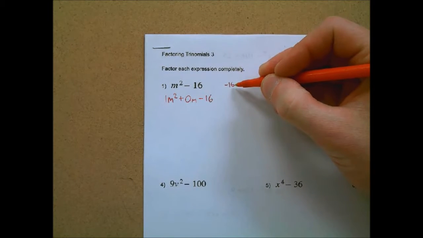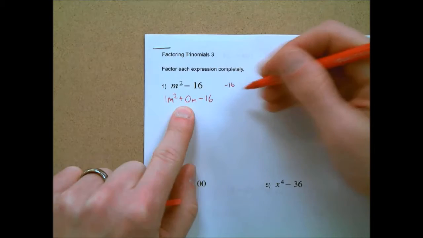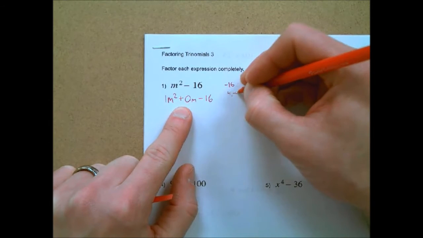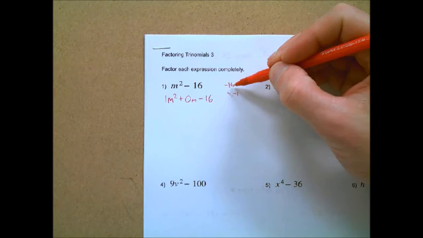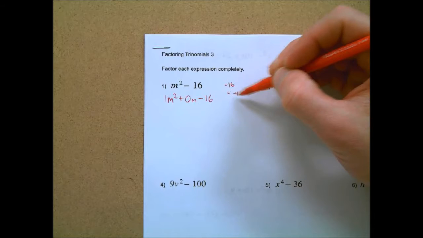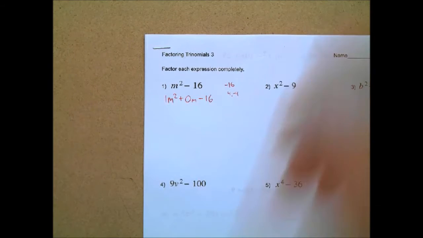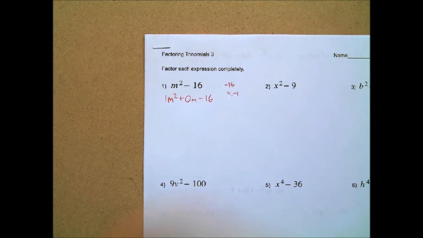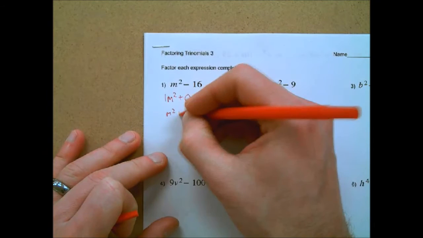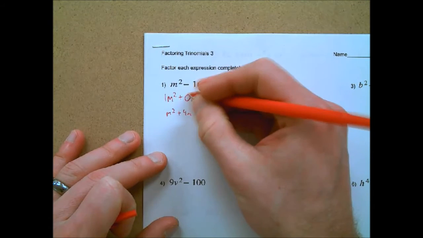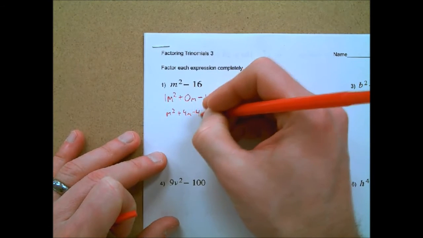It's 4 and negative 4. 4 times negative 4 is negative 16, but if you add them together, they cancel out to give you 0. So I'll make that 0m become 4m minus 4m minus 16, like that.